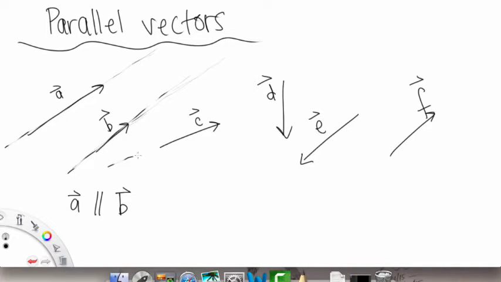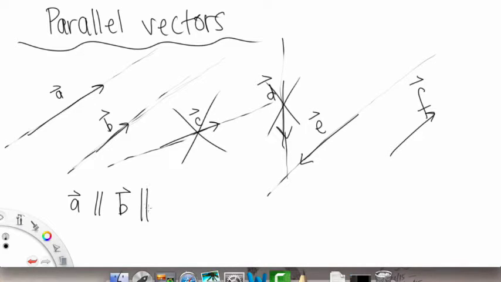Let's check vector C. This one has a completely different slope, so C is out. How about D? No, that's almost a vertical line there, so that one's out. E, let's see, this one is actually pointing in a different direction, because A and B were pointing up and to the right, and E is pointing down and to the left. But that doesn't really matter in the case of naming parallel vectors, just as long as it lies on the same line.